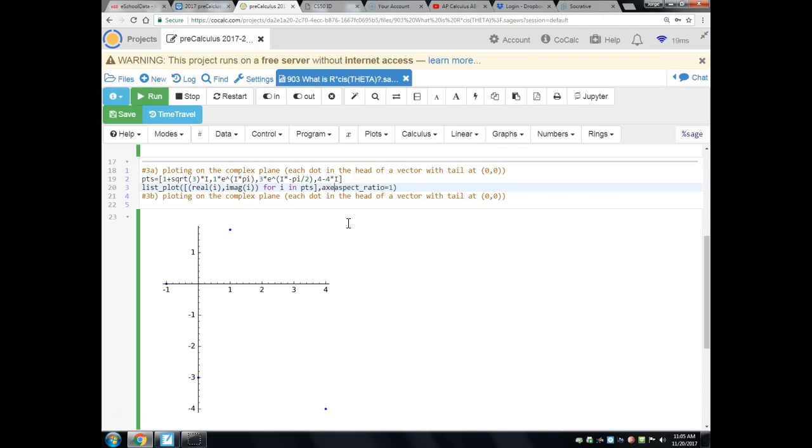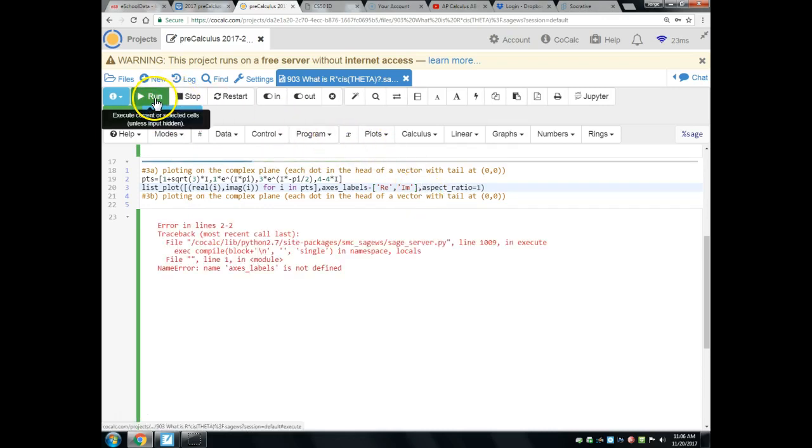Axes underscore labels is equal to a list. In that list, we could put quote real, comma, imaginary, and let's put imaginary in quotes also. Is that sufficient? So what I want is a label here for the real axis and a label here for the imaginary axis. Did I do that right? And don't forget the comma. How's that? Not defined. What did I do?